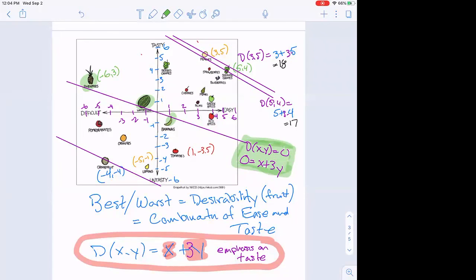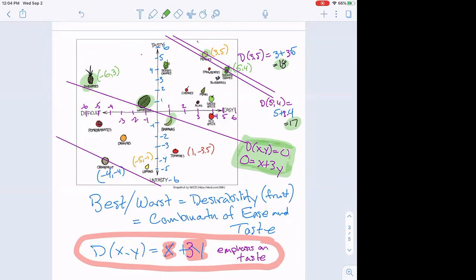In this case, that would make peaches have a desirability of 18, and grapes have a desirability of only 17. But again, you can get these lines where d of x, y, the desirability based on the combination of x and y, is at a certain level, and you want to increase or decrease that.